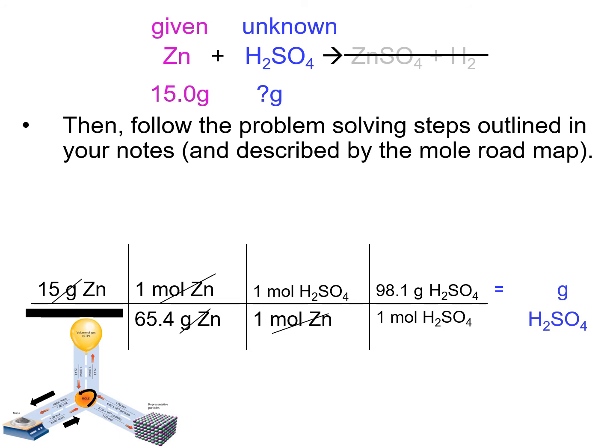The mole of sulfuric acid on the numerator and denominator will cancel each other out. We are left with 15 times 1 times 1 times 98.1 grams of sulfuric acid. And then in our denominator, we have 65.4 times 1 times 1. If you do the math, you'll get 22.5 grams of sulfuric acid.